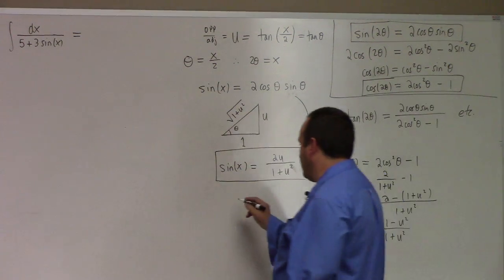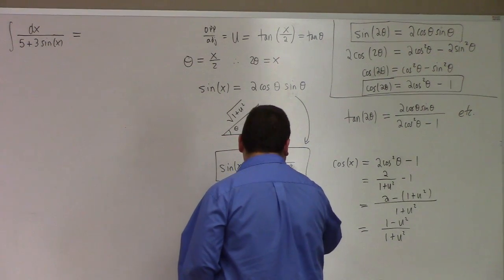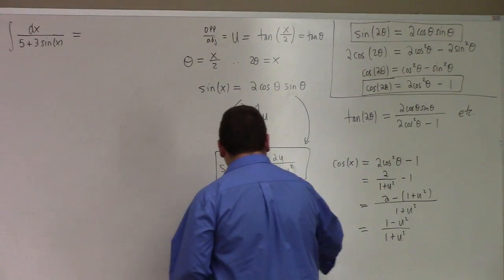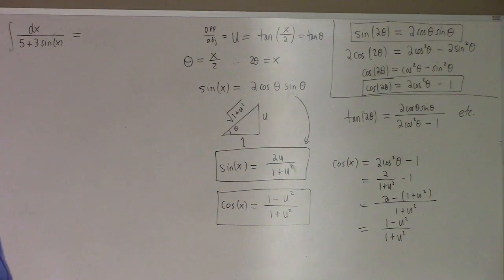So, in summary, cosine x is equal to 1 minus u squared over 1 plus u squared. This is all from making the substitution u equals tangent x over 2.